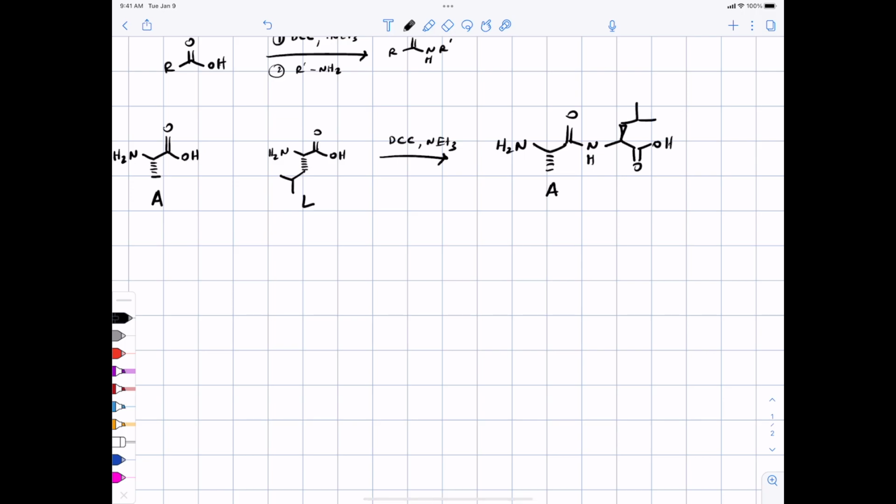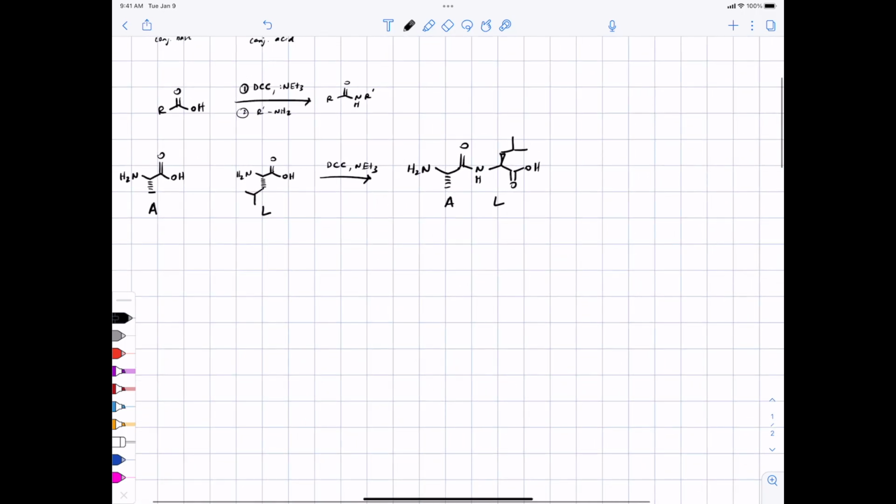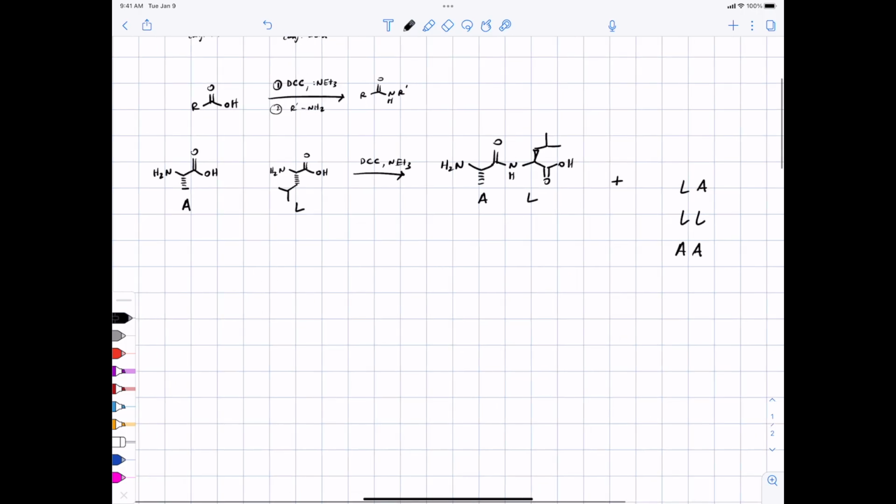We'll call that AL. But we run the risk of getting LA and LL and AA as well, right? I'm not going to draw all those structures, but do you see you've basically got two different carboxylic acids and two different amines. And so you're going to get all the possible combinations. Okay, that's a problem.